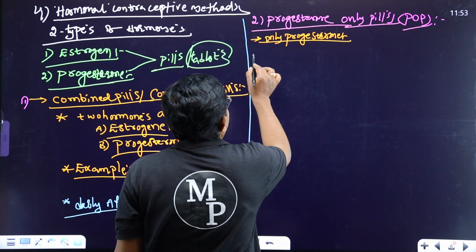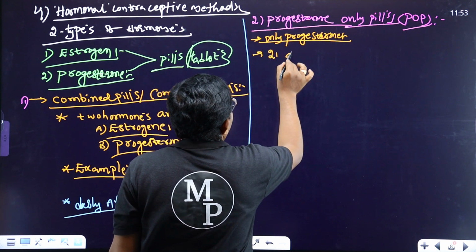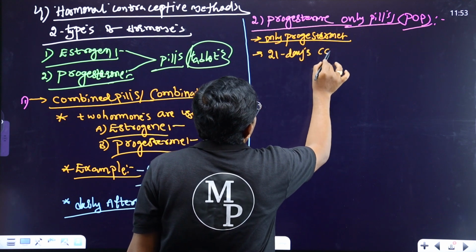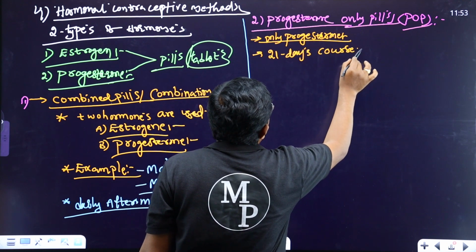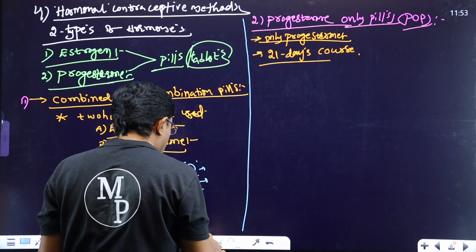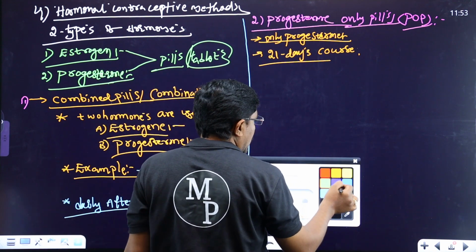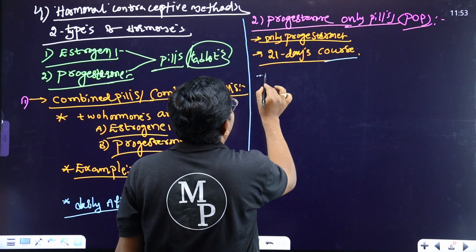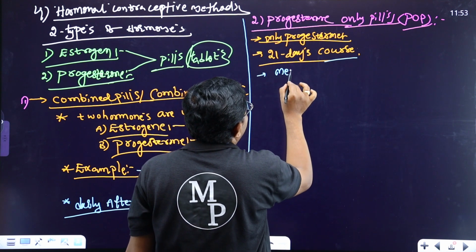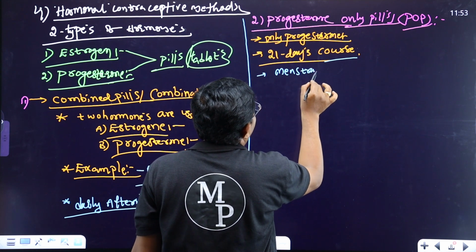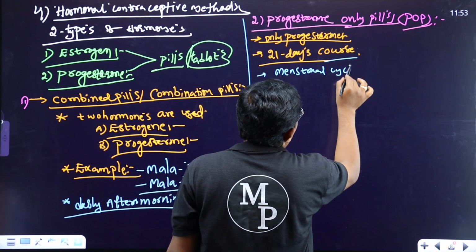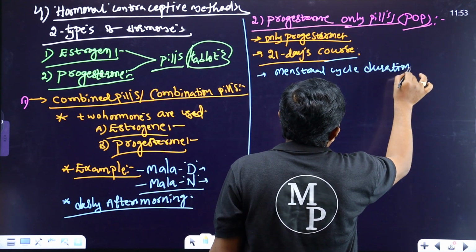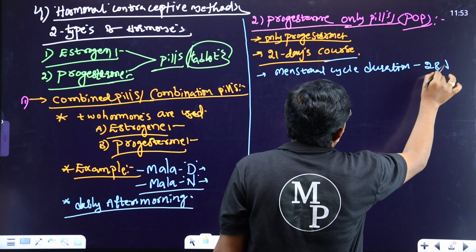Okay, so I'll explain this. It is a 21-day course. In this 21-day course, for example, the duration of the menstrual cycle is 28 days.